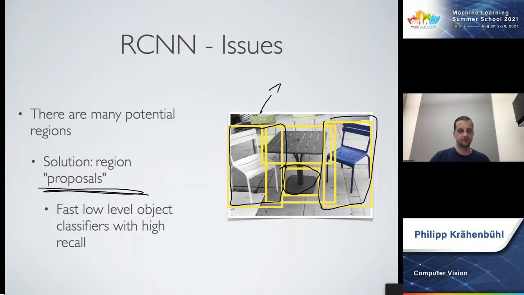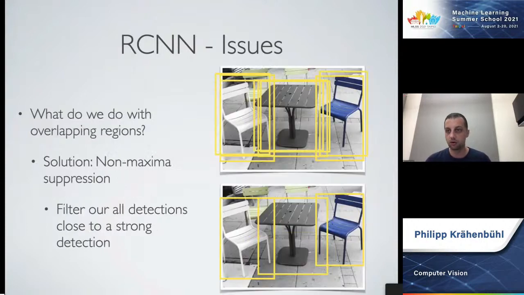Now, the other issue here is, well, what happens if you get overlapping or partial objects? So for example, is this proposal region of the chair more of a chair than this red region here, right? What if you classify both of them as chair?